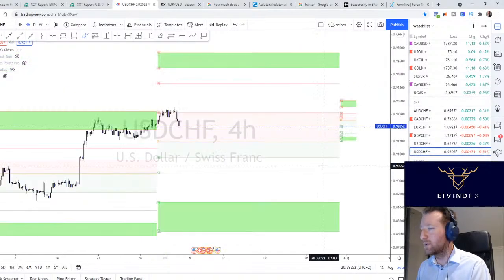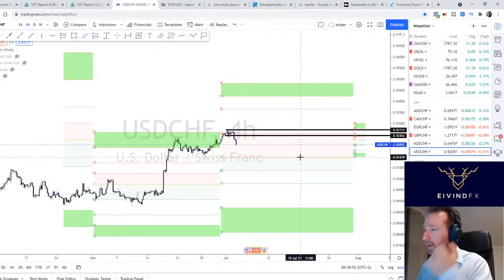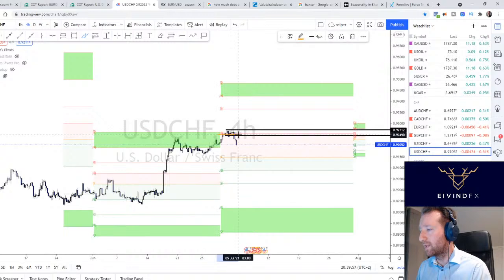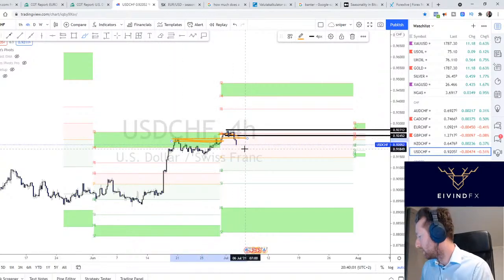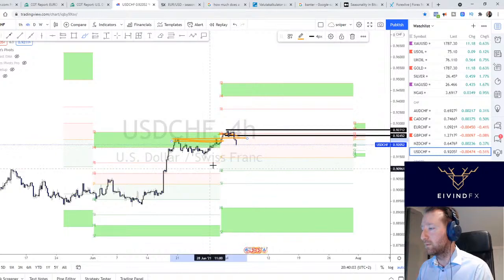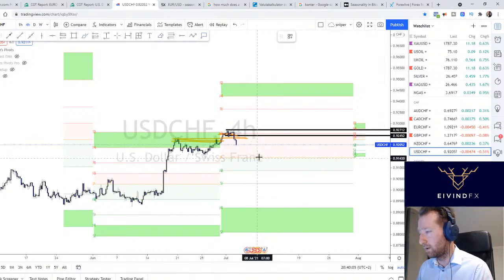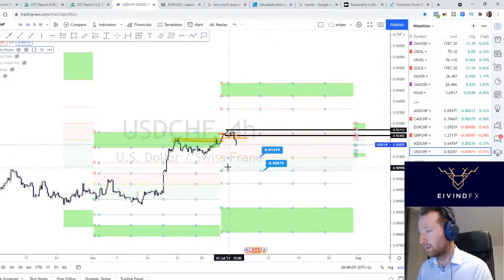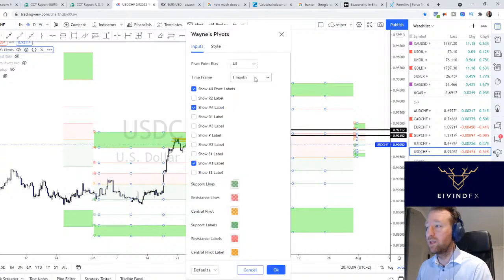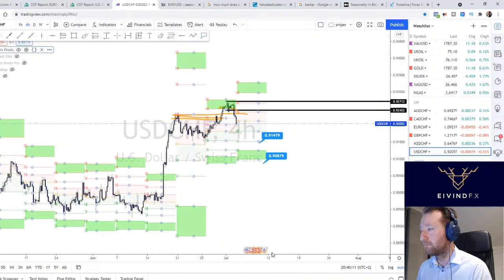What else? USD Swissy, last thing here. Coming into the monthly sell, monthly take profit for USD Swissy. If you're going to buy this one, I'm probably going to give you a hard time if you don't buy it until this price on the monthly, and then weekly.